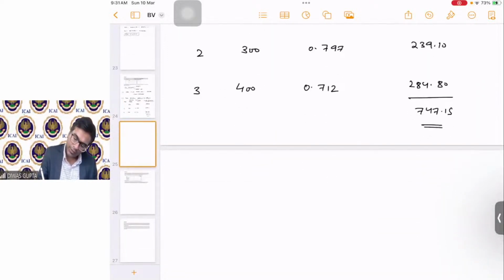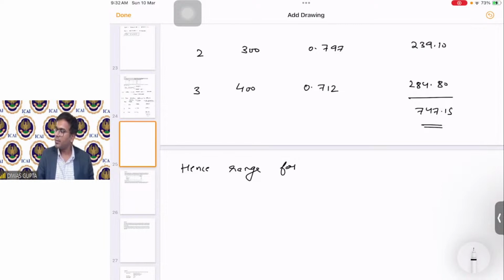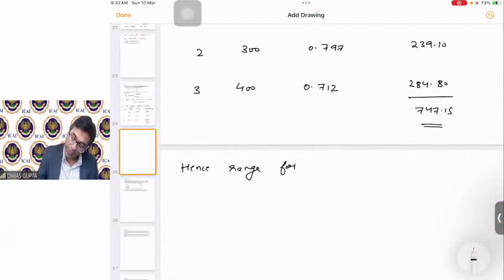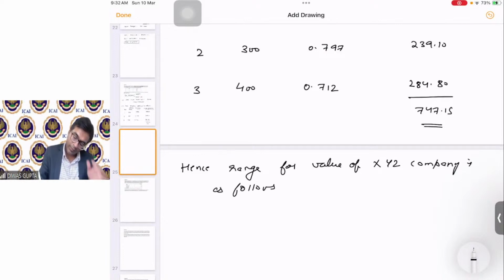Okay, so hence range for value of XYZ company is as follows. Minimum 600 crores, maximum 747.15 crores.